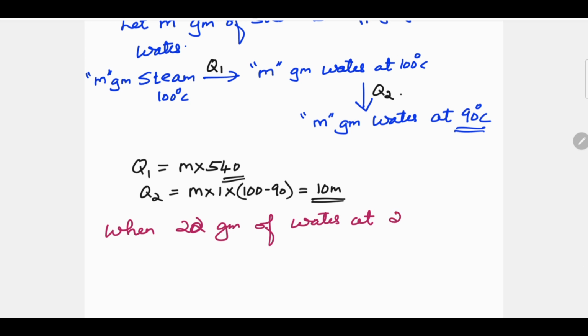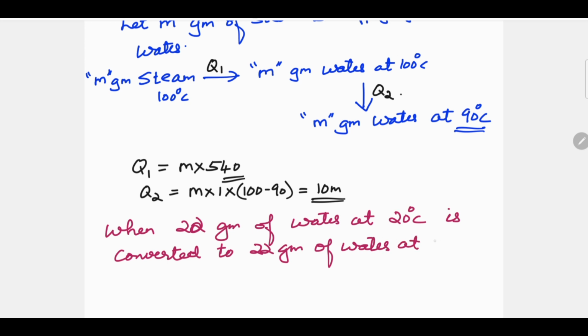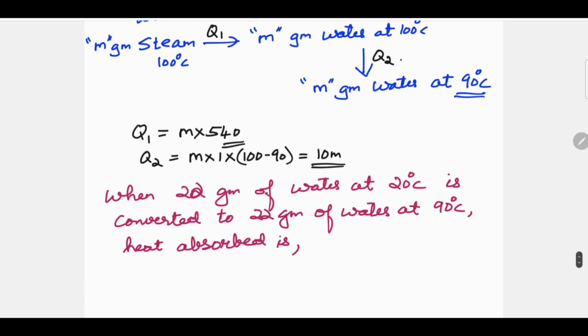When 22 gram of water at 20 degrees Celsius is converted to 22 gram of water at 90 degrees Celsius, heat absorbed is, let it be Q3.